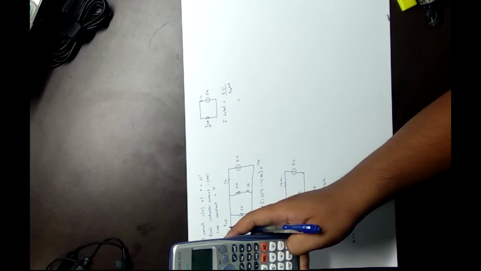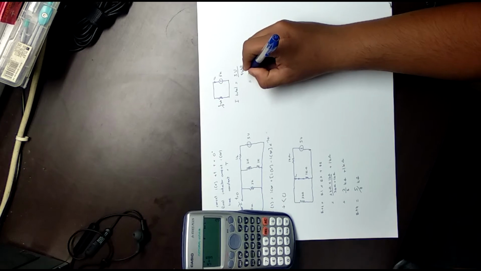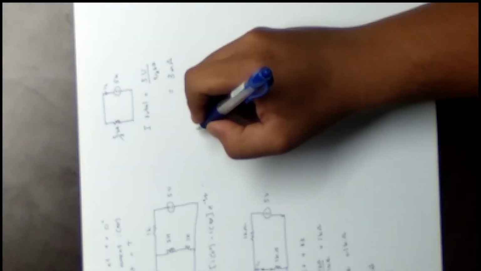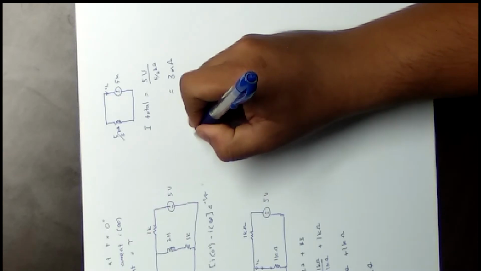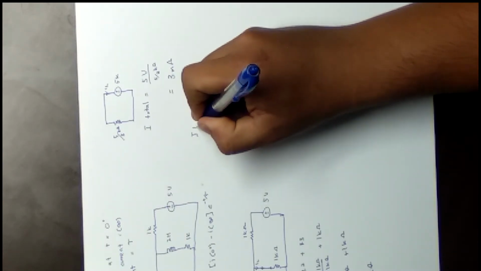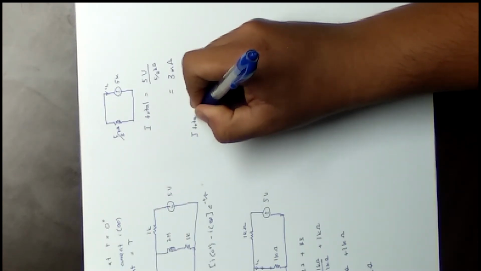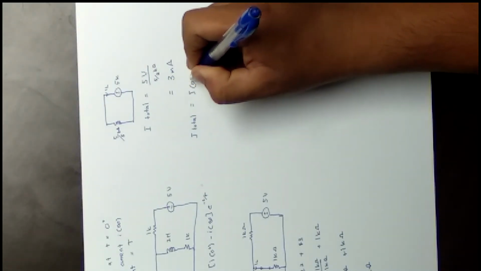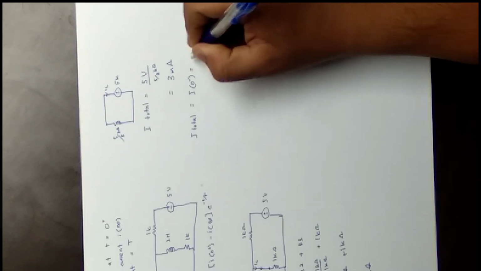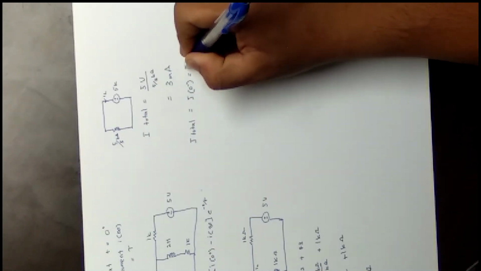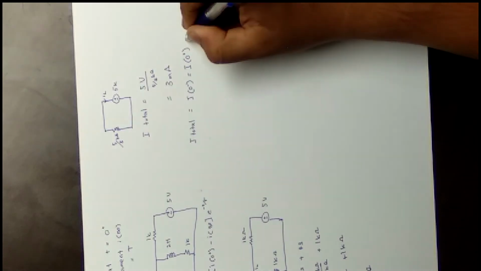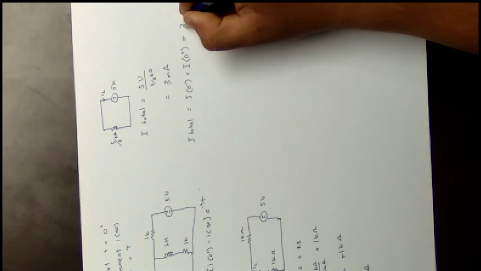That will be equal to 3 milliampere. So we know the I total is similar to I 0 negative, and also similar to I 0 positive, and it is equal to 3 milliampere.